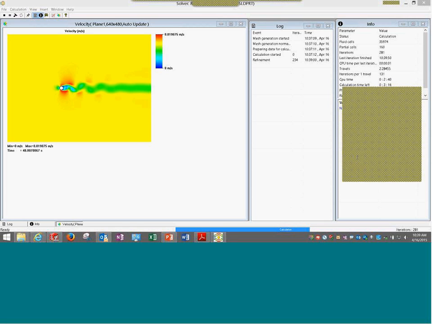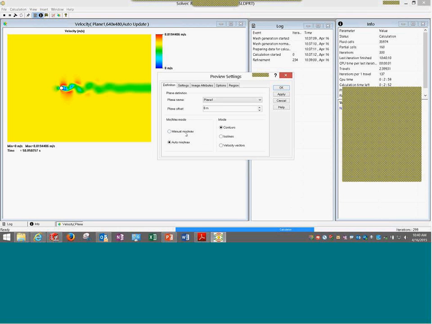Here it is the velocity. The mesh will also look like the flow, which is what you are seeing on the screen. We need to plot the mesh here. I forgot. Okay, any other question, guys?